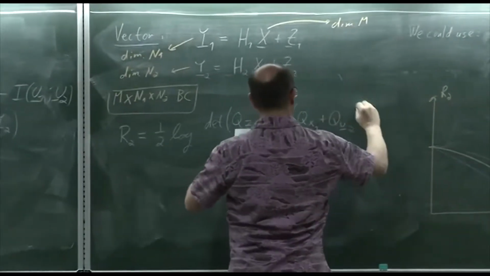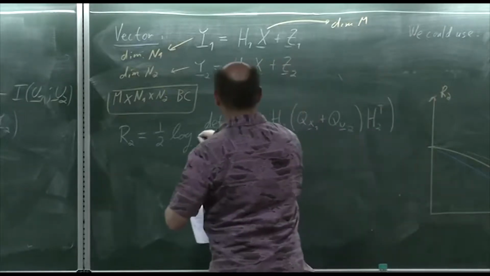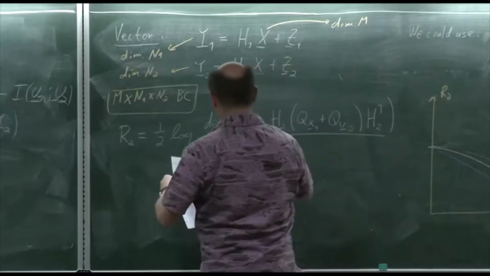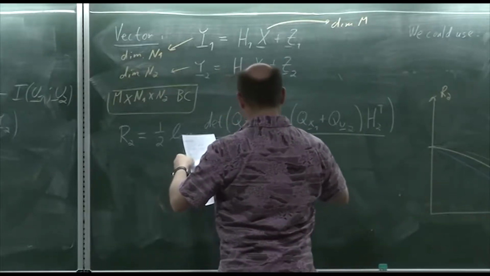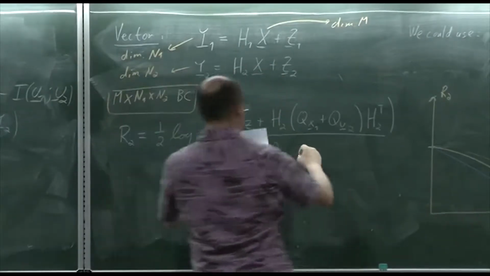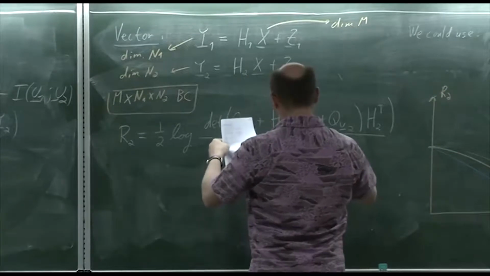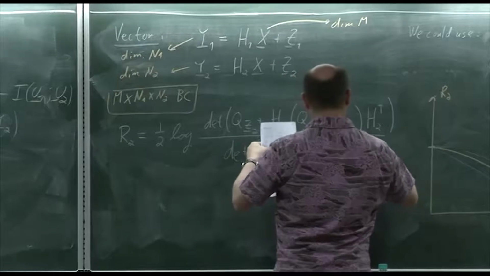Both of these we still have to optimize, h2 transpose, divided by the determinant of the interference. So this is the interference plus noise now, qz2. So here's the noise, right? This is power. This is the signal to interference noise ratio, h2 qx1 h2 transpose.